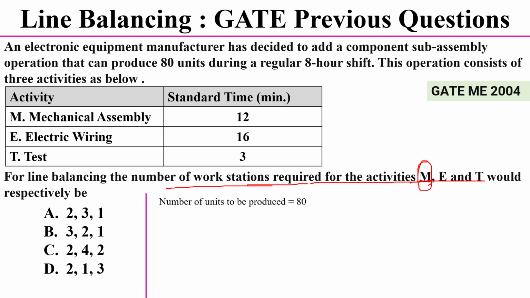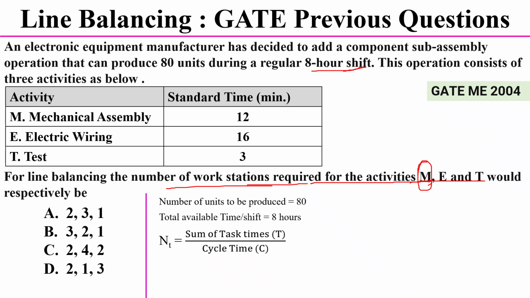So number of units to be produced is 80 and the total availability time is 8 hours per shift. So total availability time per shift equal to 8 hours. So next we have to determine the number of workstations at the respective activities. We know that number of workstations, so n equal to sum of task times divided by cycle time.